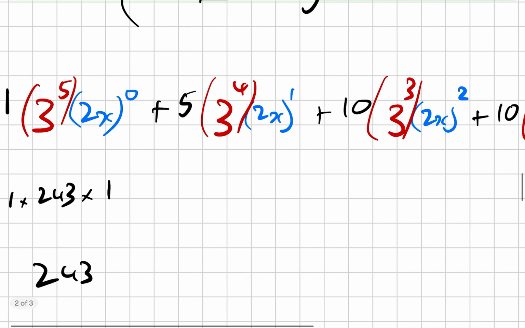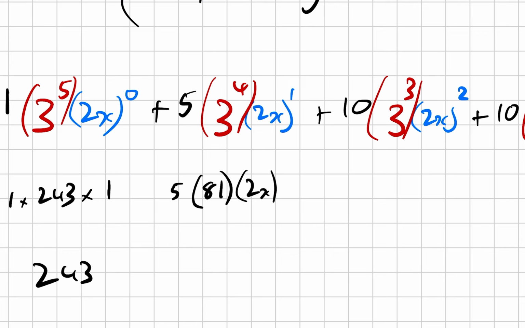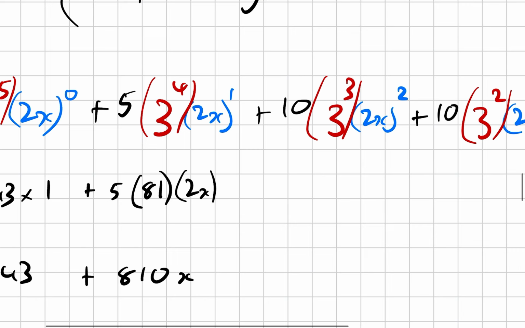Okay, my next term, I've got 5 times 3 to the power of 4, which is 81, times (2x) to the power of 1, which is just 2x. So in total there, I have 5 times 81 times 2 and then times x. So 5 times 81 times 2 is 810, and I've got my x at the end. Then I go on to the next term.